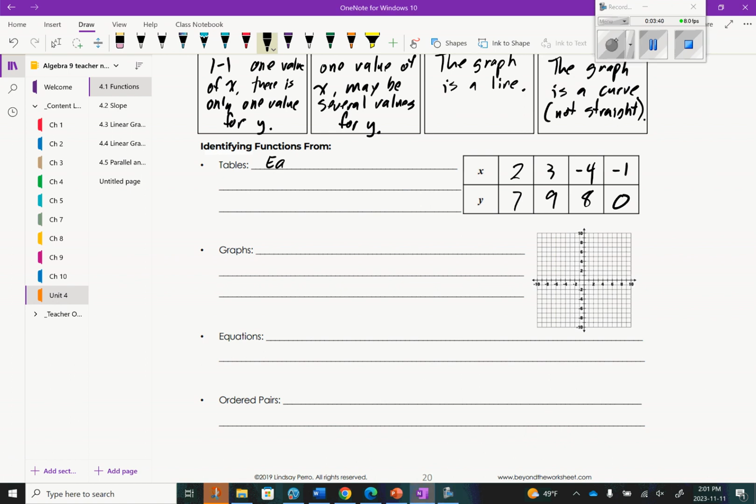Notice how each x value has only one y value.